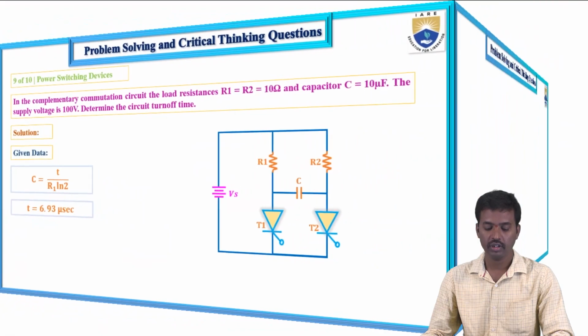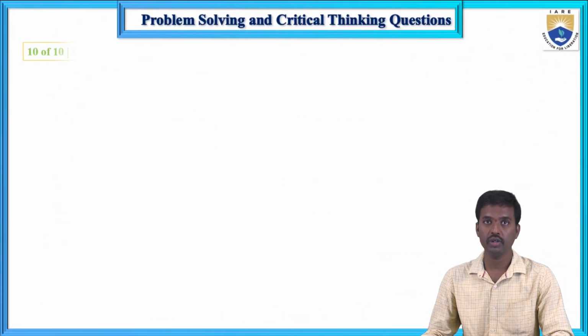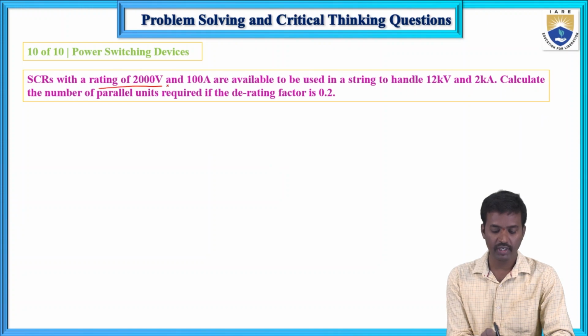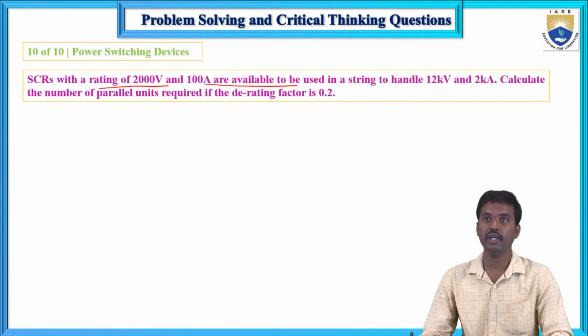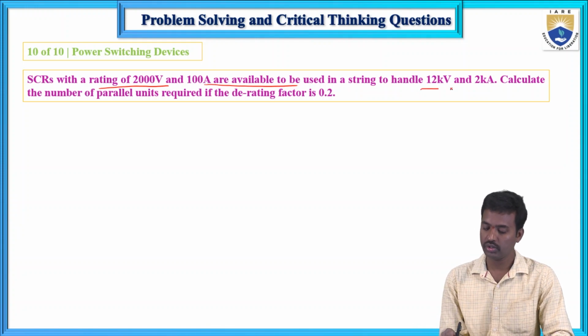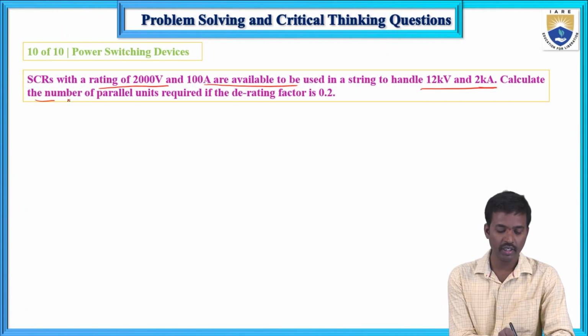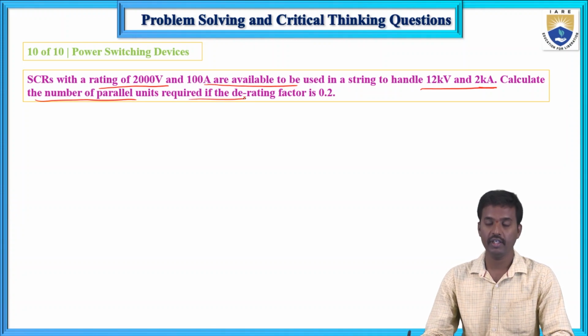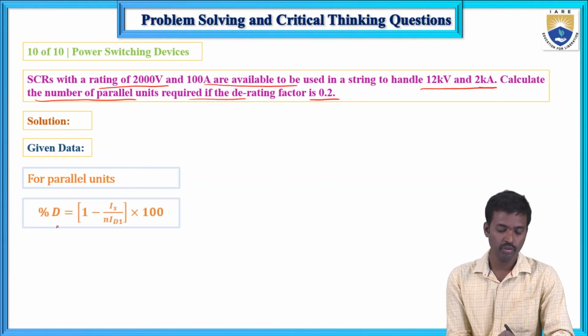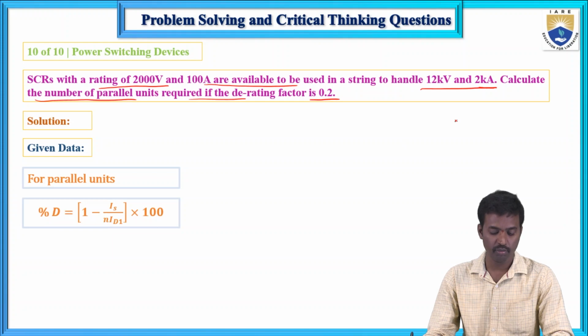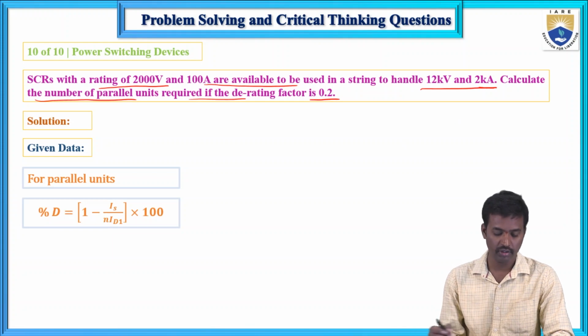Now the last question in this module. SCRs with a rating of 200 volts 100 amperes are available to be used in a string to handle 12 volts and 2 kVA. Calculate the number of parallel units required if the derating factor is 0.2. We already solved a similar problem. For the parallel circuit, percentage D equals 1 minus Is divided by N into ID1, into 100.